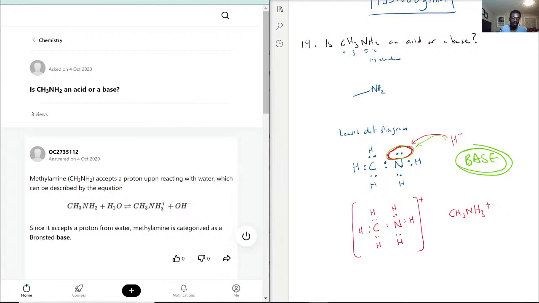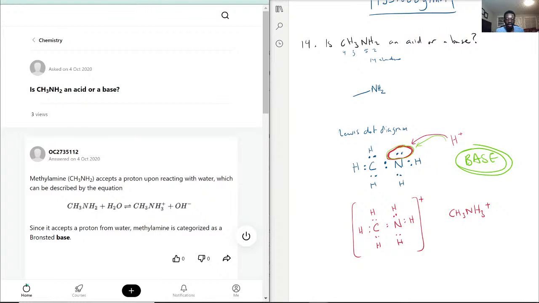Exactly, upon reacting with water, they actually provide a compound that does have extra hydrogens for you to attach. So it shows that CH3NH2 does act as a Bronsted-Lowry base because it's accepting the proton, which it can because it has a lone pair.